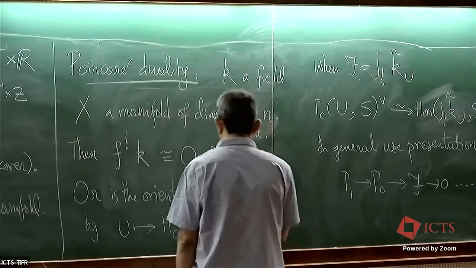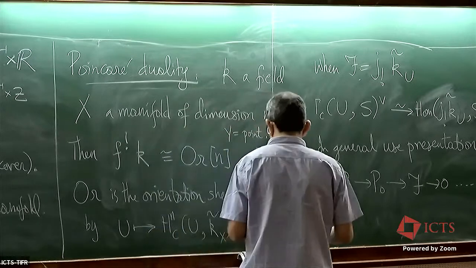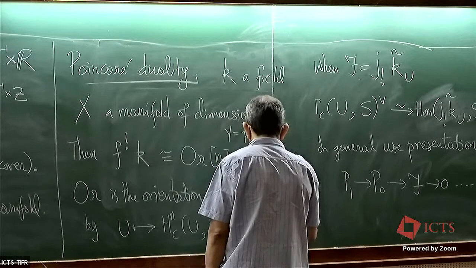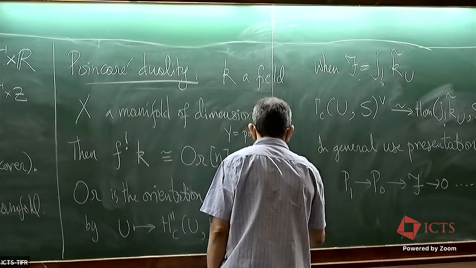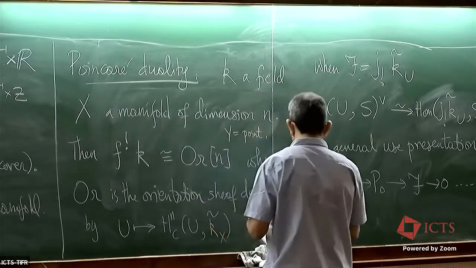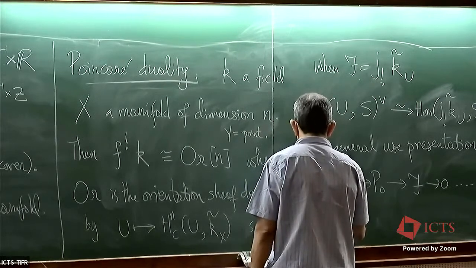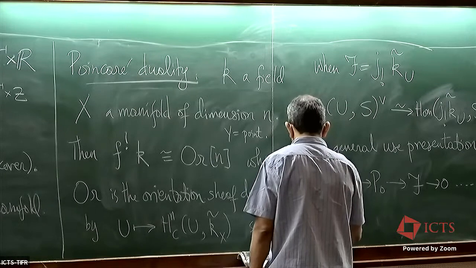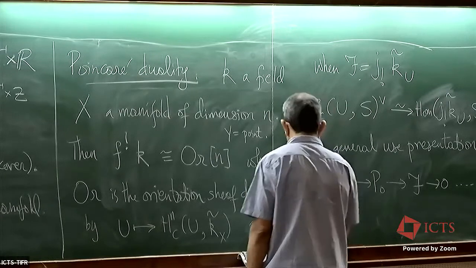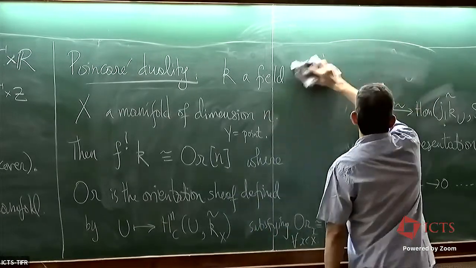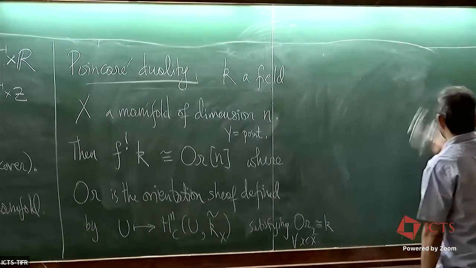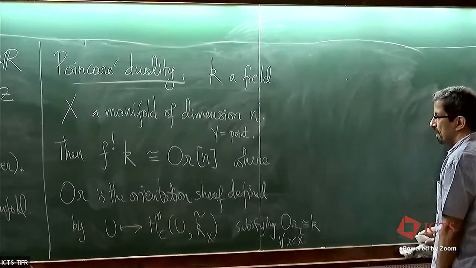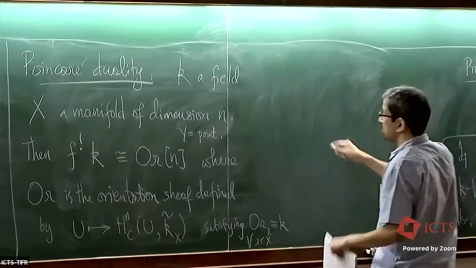And one can show that, okay, so this will also prove this, satisfying orientation, the stalks are isomorphic to K for all x in X. And therefore, in this context, the statement of Grothendieck duality gives us a more familiar version.